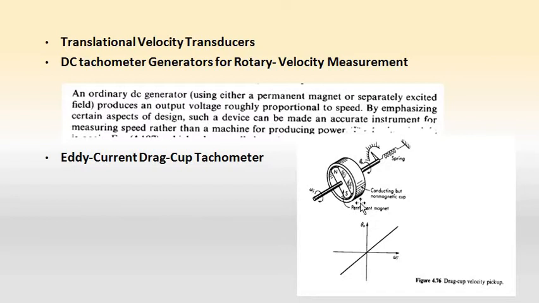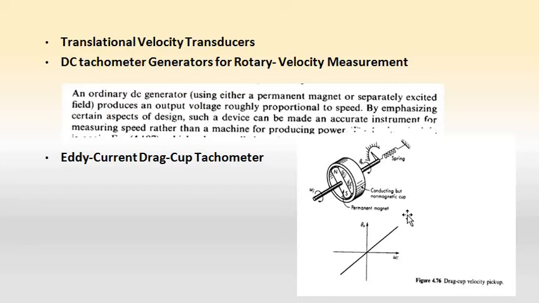Thus in steady state, the angle theta is directly proportional to the input angular velocity omega i, and if an electrical signal is required, then any torque displacement transducer can be used to measure this angular displacement theta naught.